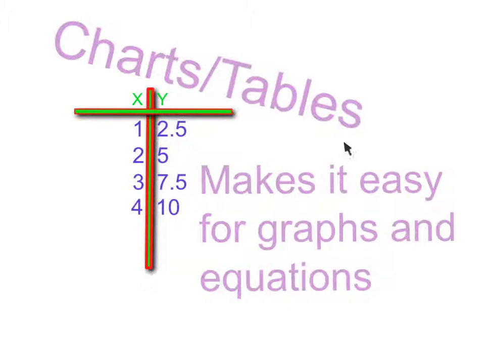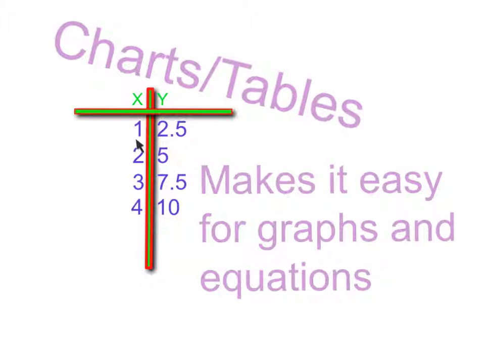Charts, also known as tables, make it easy for graphs and equations. It's kind of difficult for word problems, but the equation is the same. Y equals 2.5x. So this is x.